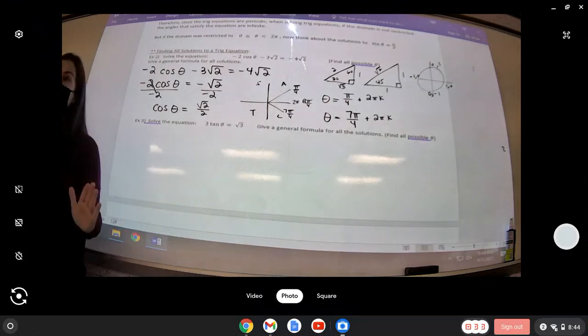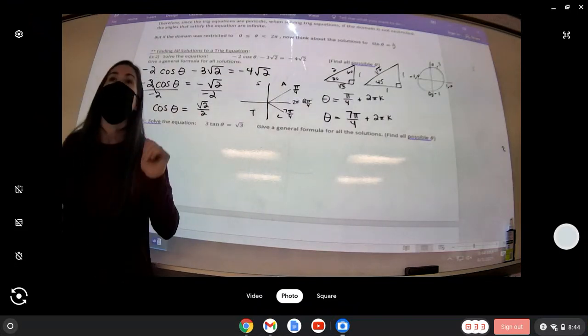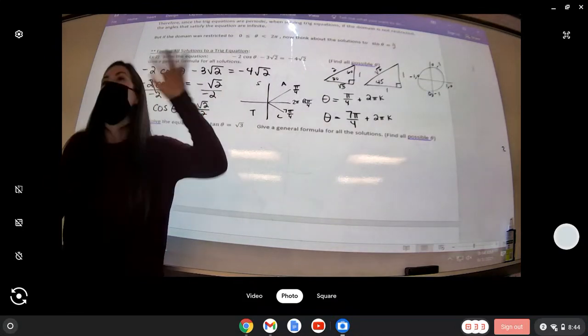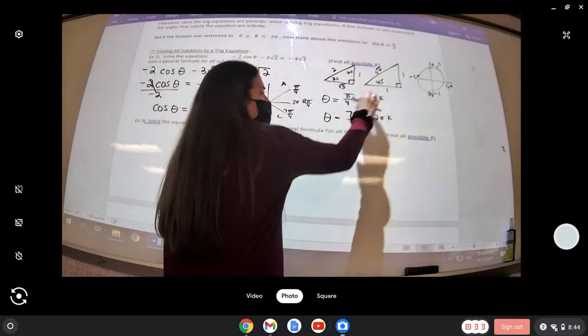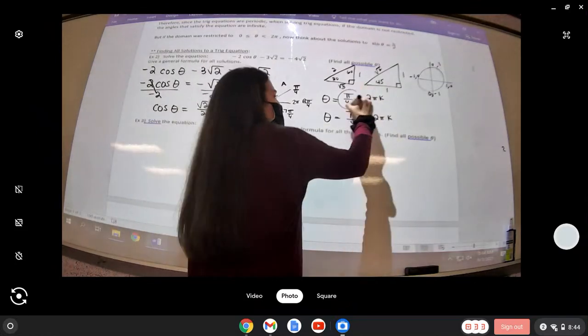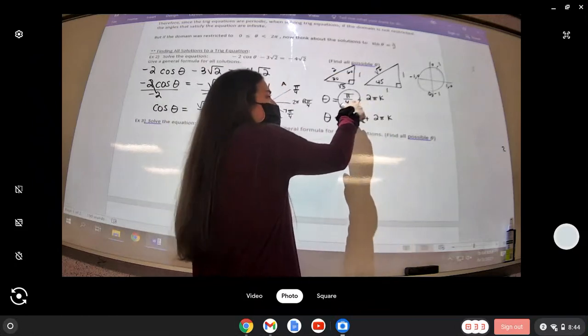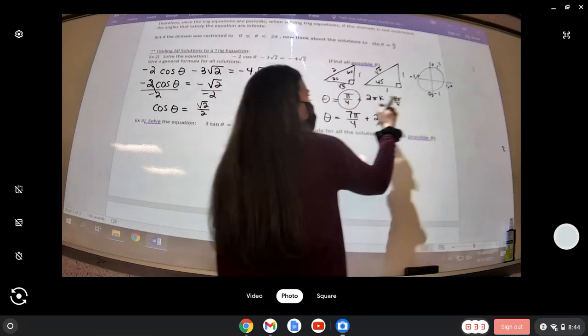All right, and then sometimes it says, now you've written a general formula, now I actually want answers. Get me answers if k was 0, 1, 2, 3, 4, or 5. Well, guys, if k was 0, pi over 4 is your answer. To get when k is 1, you'd have to add 2 pi on. So add 2 pi to this, and remember, 2 pi is 8 pi over 4.